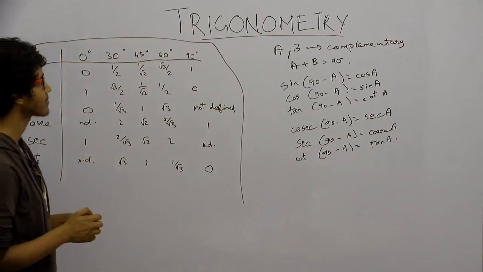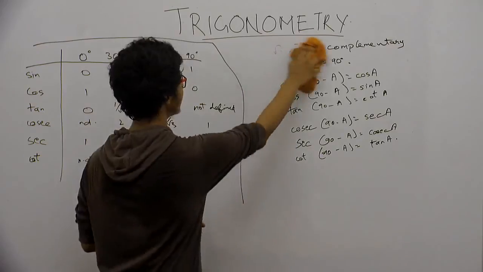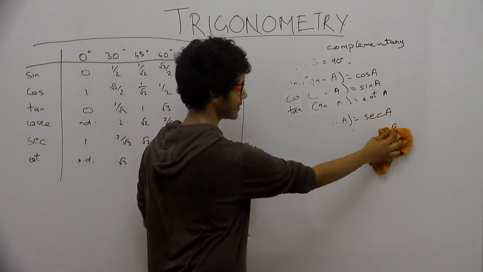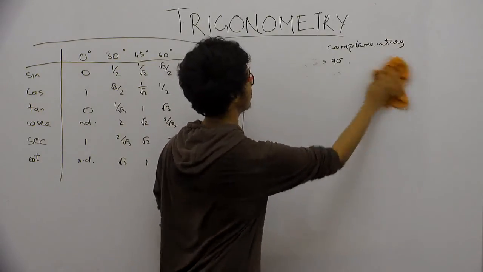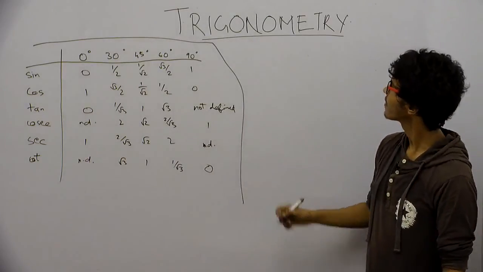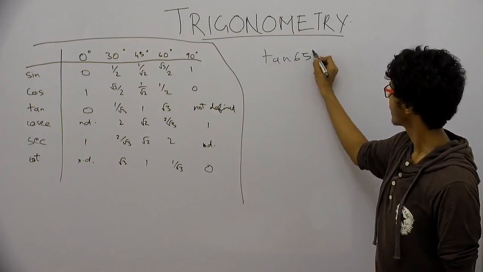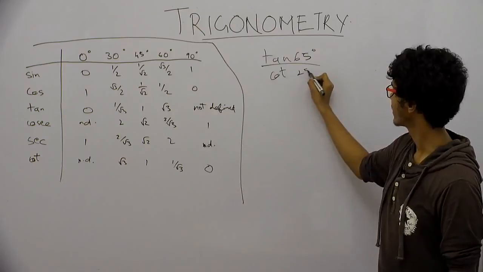Okay, let's do some examples for complementary angles where the angles are not among these 5 angles. Let's say we have to find the value of tan 65 degrees divided by cot 25 degrees.